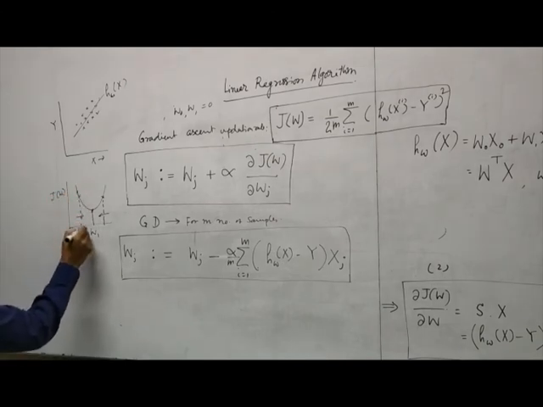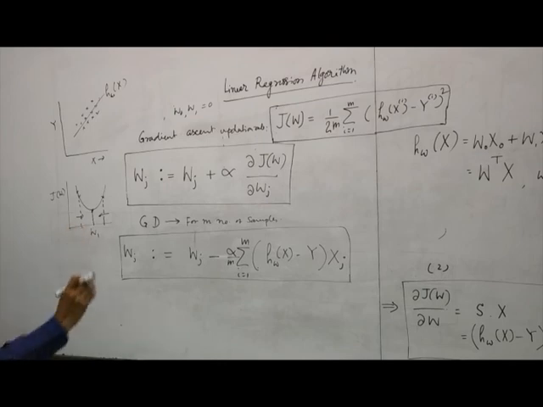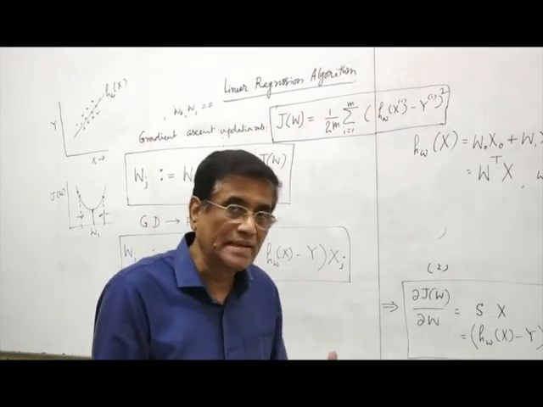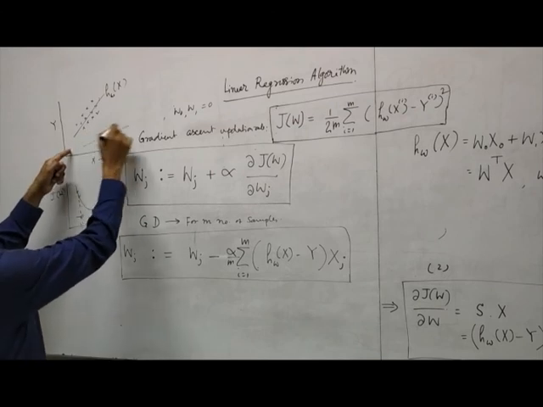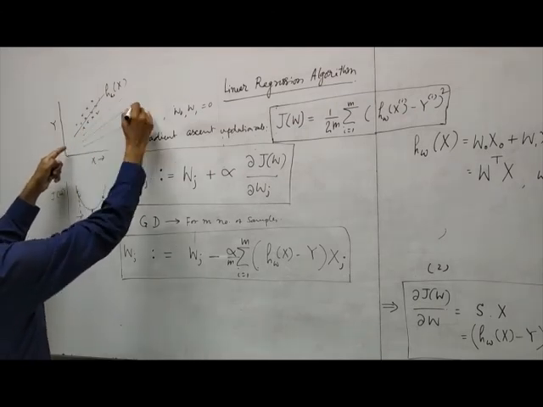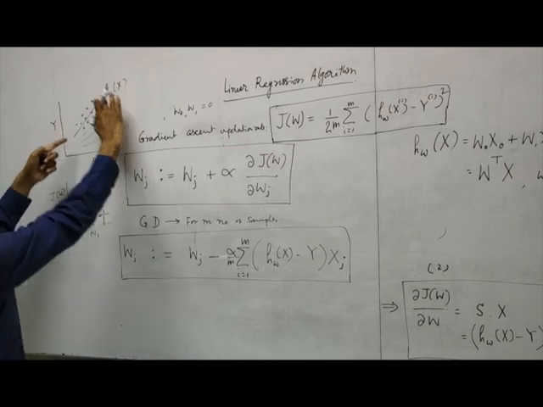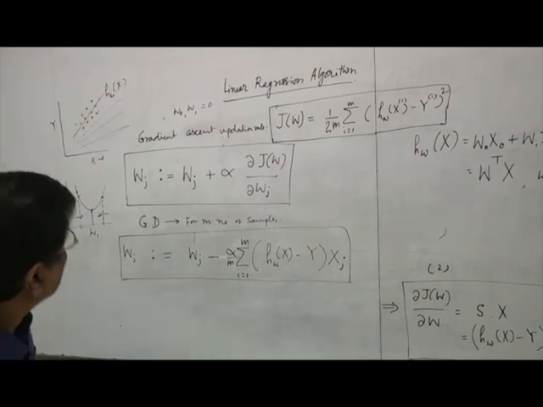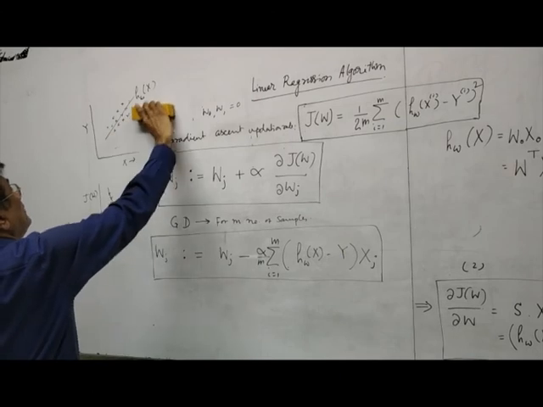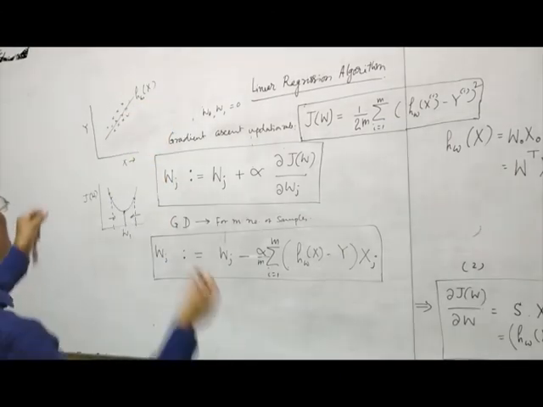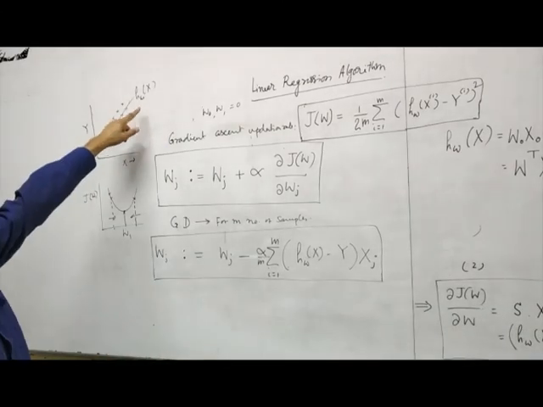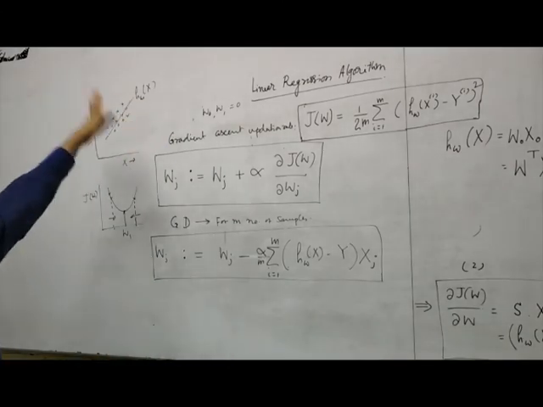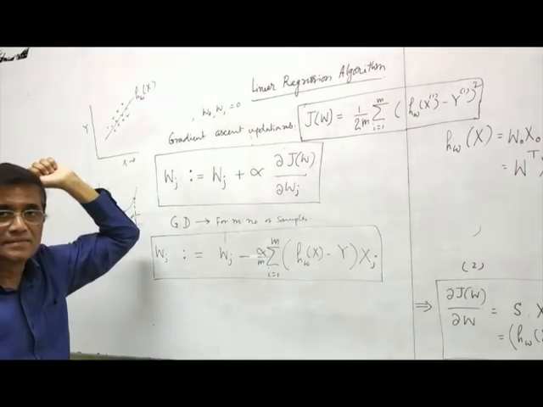Next time, we will allow only those parameter changes which decrease my JW value. That will ensure that wherever you start, slowly the hypothesis function will be fitted over there. And I will stop the algorithm when this is no more changing, and with those parameters I will fix my hypothesis.